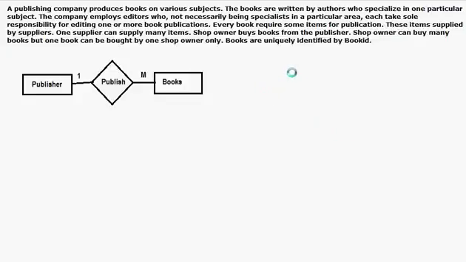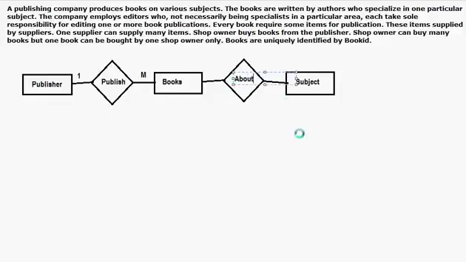So I'll add subject, and this is the relationship between books and subject.